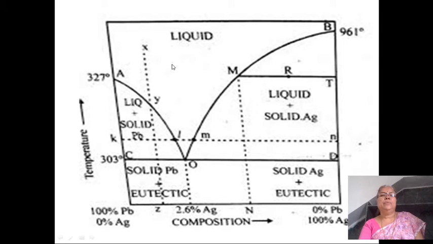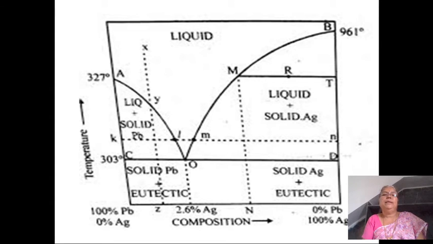Okay, then along the curve AO, this is the melting point curve of lead and it decreases due to successive addition of silver into lead up to this O point, and O point is the eutectic point.